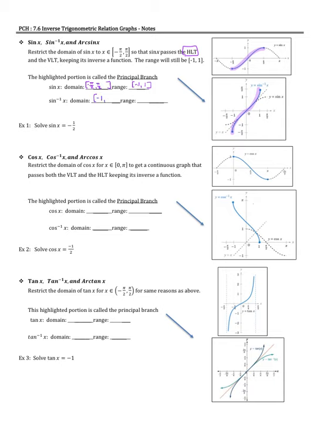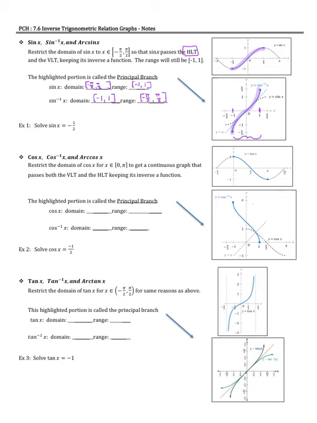So it has a domain from negative 1 to 1, and so this is your negative 1, and this is your 1. That is our new domain, and the range is going to be from negative pi over 2 to pi over 2. And notice I am using the square brackets, which means the endpoints are also included in our final answer.